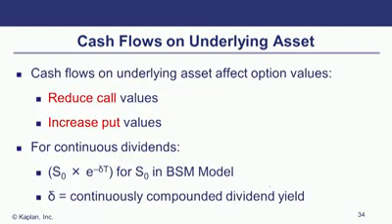Okay, now cash flows and the underlying asset. This is going to be an easy concept. We're going to first start with the good old intrinsic value of a call. So intrinsic value of a call is either 0 or S minus X. Now ask yourself, what will be impacted in this equation if that stock were to pay a dividend?